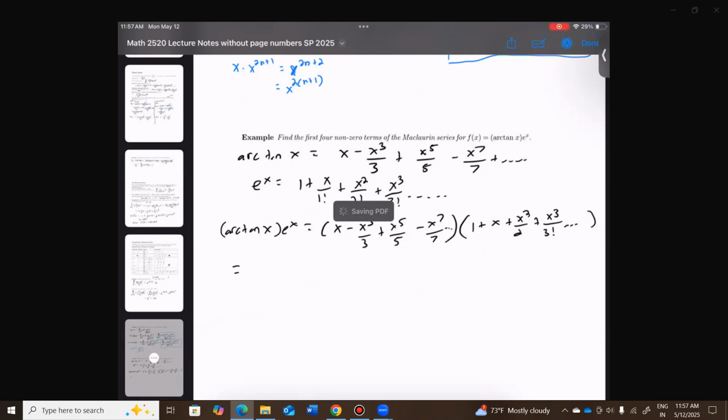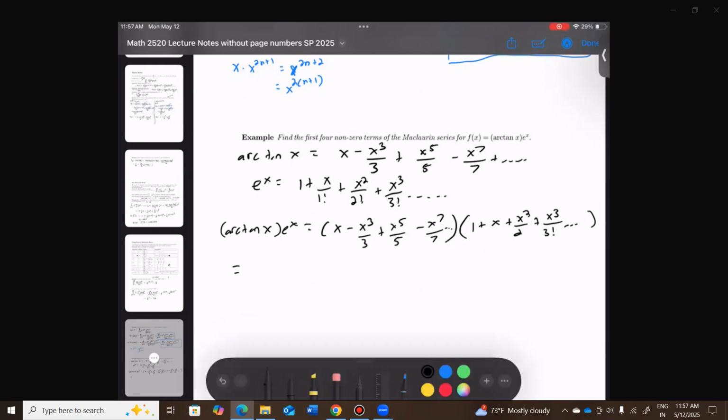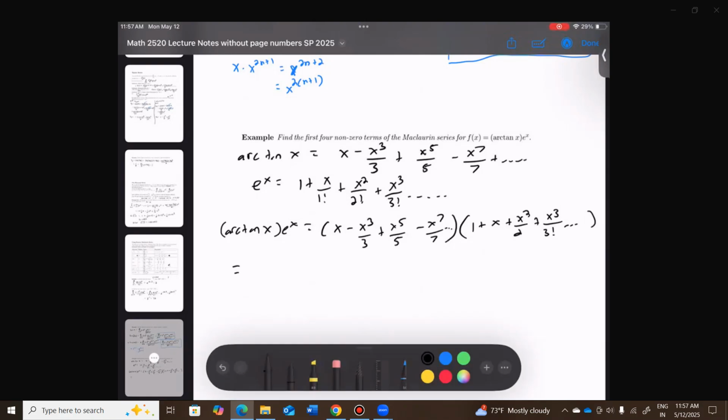Remember, we want to go by powers too. So there won't be a constant term. The next term would be x to the first power. Next term would be x squared, so x times x squared over... That's this one times that one. The next one you'll get will be x cubed, and we'll have two of them.